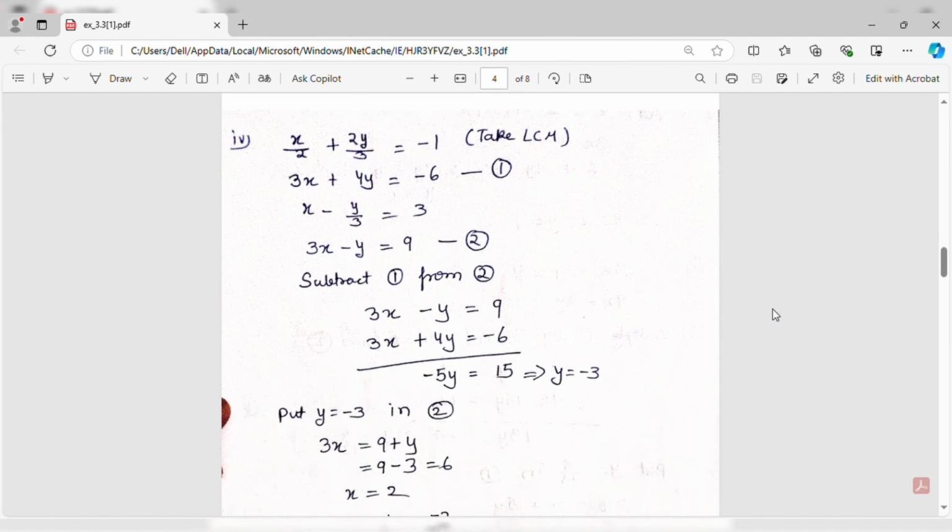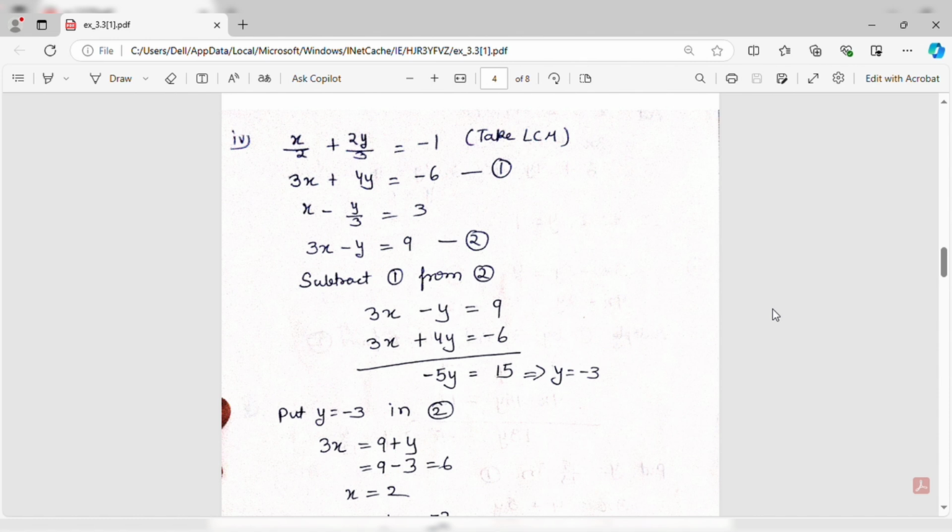Fourth part, equations are x upon 2 plus 2y upon 3 equal minus 1. I am taking LCM here. So we will get this equation in the general form, ax plus by equals c. Equation would be 3x plus 4y equal minus 6. Similarly, we will do with the second equation also.